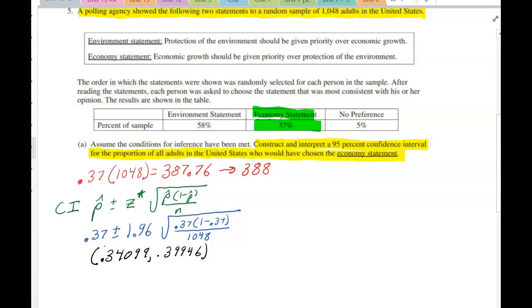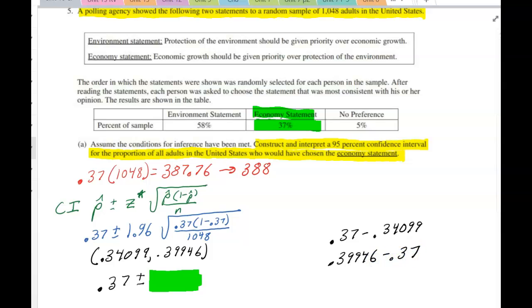And then the second thing I want us to be able to do is write it with the margin of error. So 0.37 plus or minus, and we want to calculate this margin of error. In order to calculate the margin of error, we're going to take 0.37 minus 0.34099, or we can take 0.39946 and subtract 0.37.